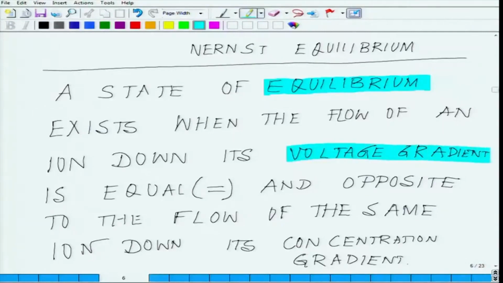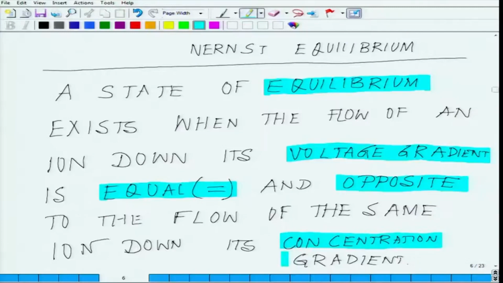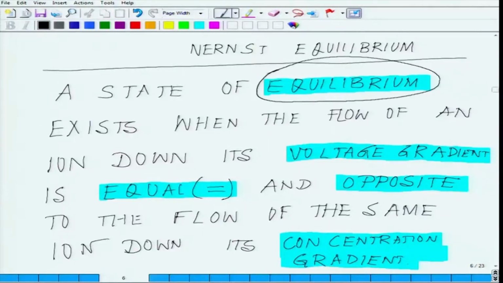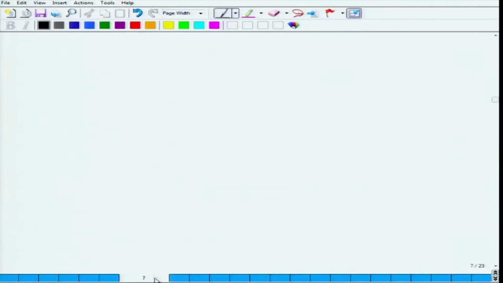The second keyword is equal and opposite to the flow of the same ion down its concentration gradient. This is important. So, you need to realize there are three important words in this line. There is an equilibrium which has to be established. Let us see what exactly that means.